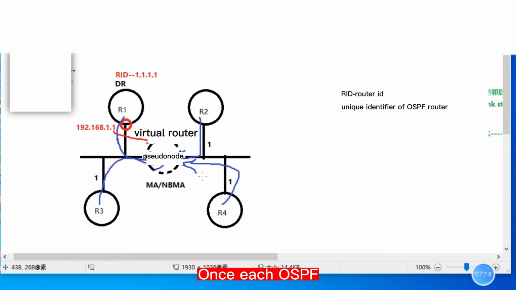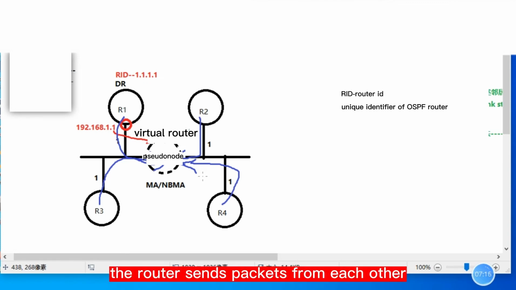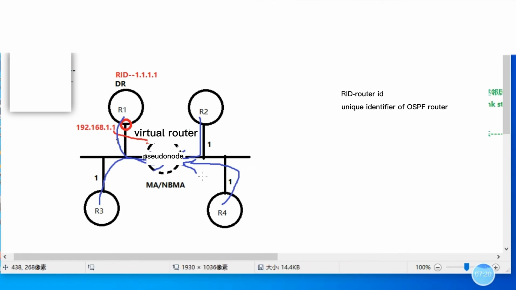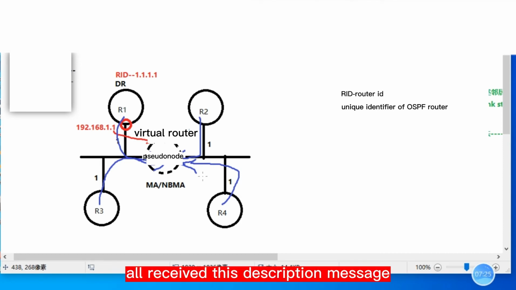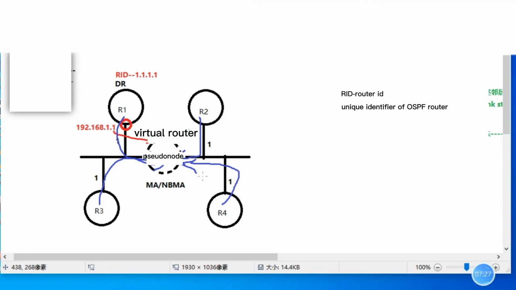Once each OSPF router sends packets to the others, say R1 receives the description messages from R2, R3, and R4. They are all found to be connected to the virtual router in the middle.